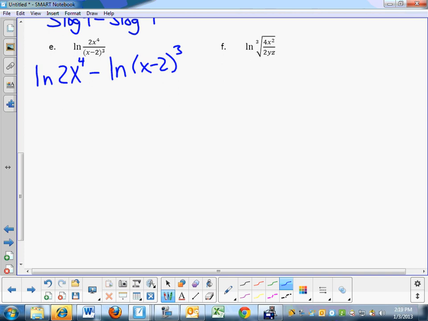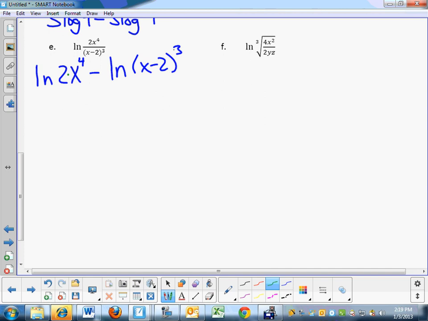Okay, let's just pause and look at what we got here. Do you have multiplication here? Yeah, you do. You got 2 times x to the 4th. We have to separate that. You got powers? Is it x to the 4th, or 2 to the 4th, or both? It's just x to the 4th, so I will only bring the 4 out in front of the x part.